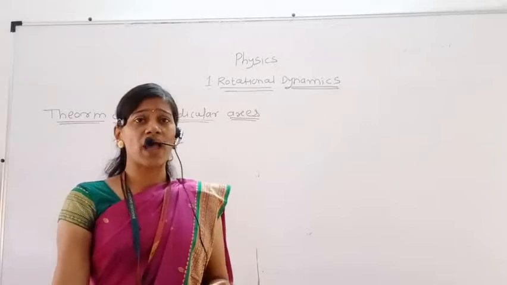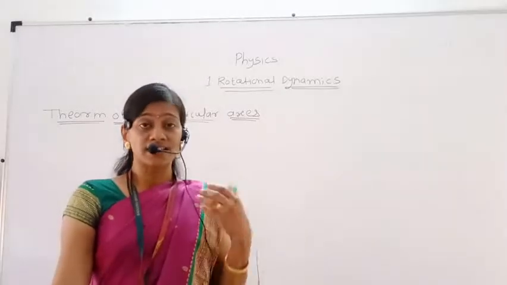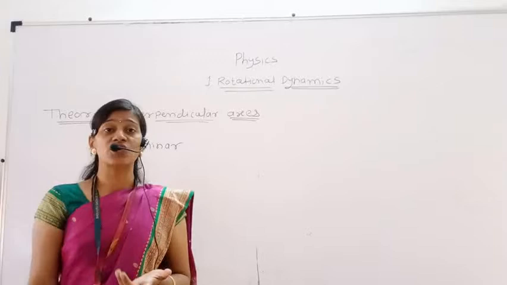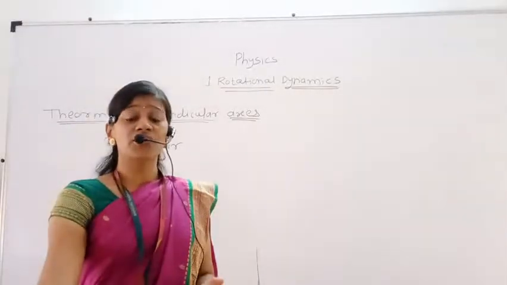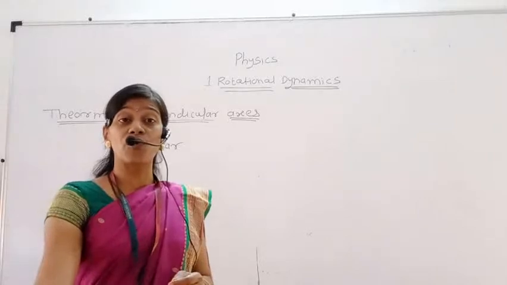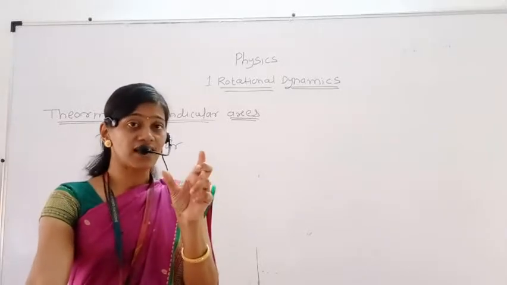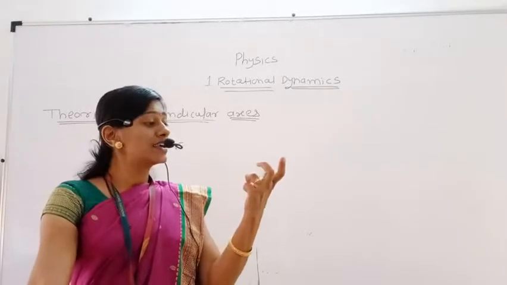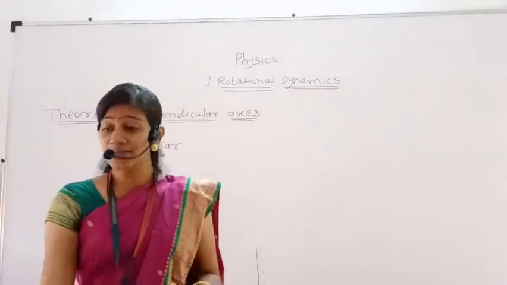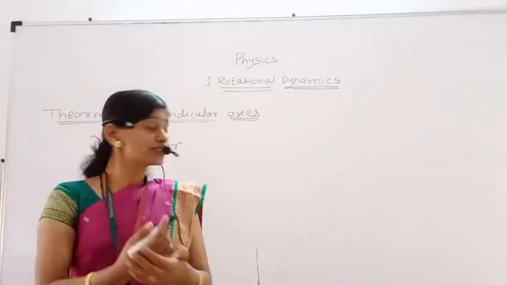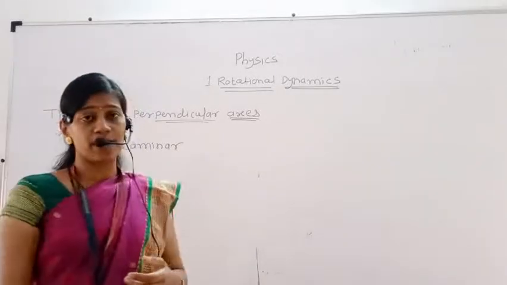Any object having two dimensions, otherwise a two-dimensional object, is called a laminar body. Also yesterday we learned the moment of inertia of a uniform disc. In that, I showed you that it was a circular lamina. So a disc, a ring, a simple sheet of paper is also an example of a laminar body.